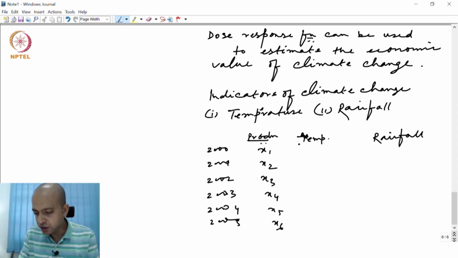Okay, and this temperature is, let's say, mean temperature in a particular area. Let's say this is y1, y2, y3, y4, y5, and y6. This is degree centigrade.